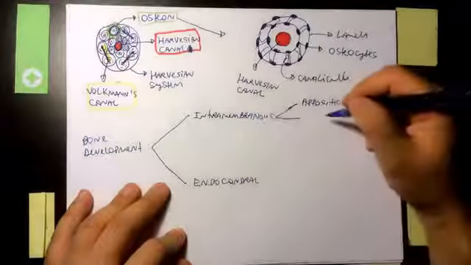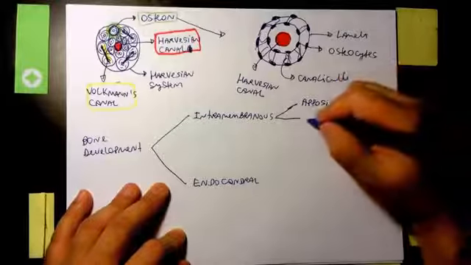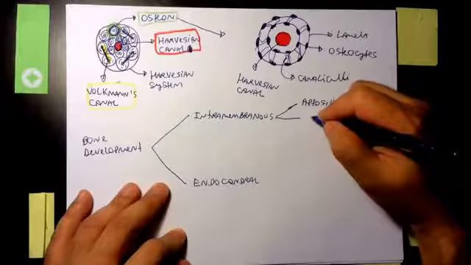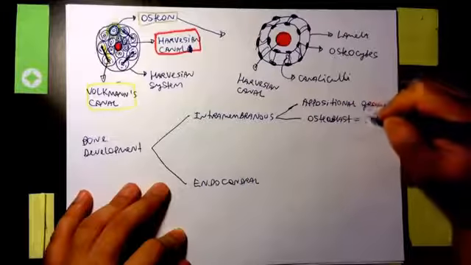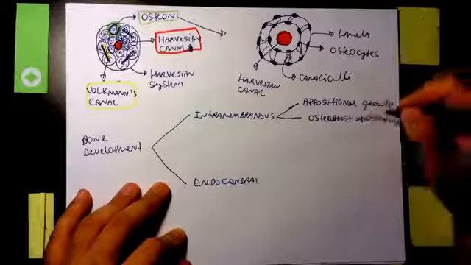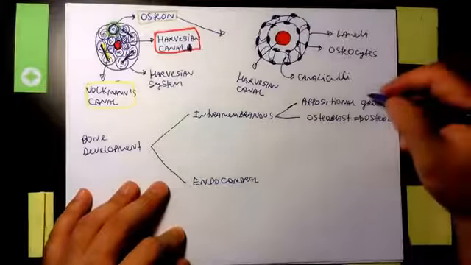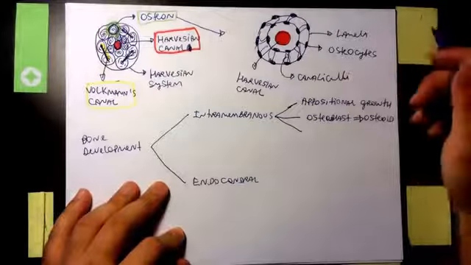This is a growth that happens by the differentiation of mesenchymal cells into osteoblasts. And osteoblasts produce osteoid. Osteoid is the matrix, remember. So they get entrapped and then growth happens.